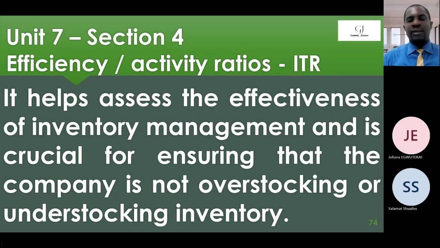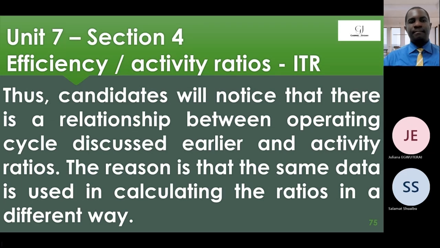It's an area you should talk about, and the examiner tends to bring questions towards this side where we have scenarios of overstocking or understocking of inventory. You see where management maybe inflated the inventory figure just to hide some deficiencies there. So take note of this particular metric.